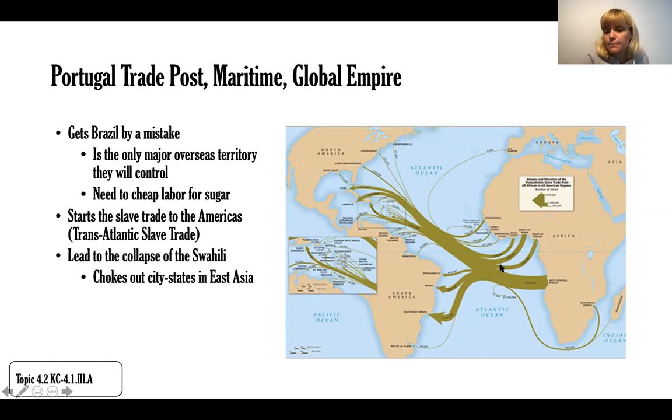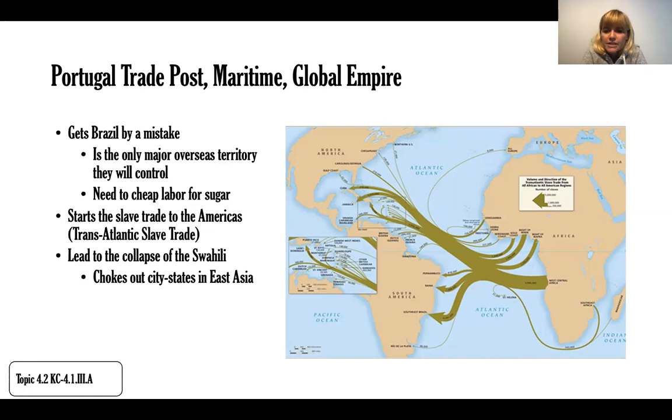Portuguese will take enslaved peoples and bring them to the Americas. All right, they'll bring them first to Brazil to work on these sugar plantations. Okay, and eventually they will make their ways up into the Caribbean and eventually to the United States. All right, or the colonies. All right, you need to understand that the Portuguese are going to start this slave trade, but certainly it's not just going to be them. Okay.